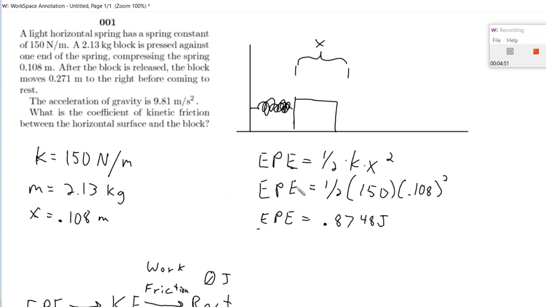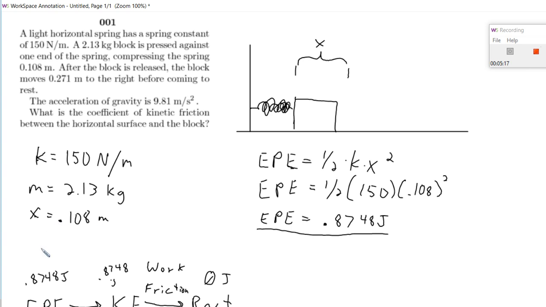Your answers will vary just as your numbers and givens in your questions vary. Here's the deal, though. That means that at this point, I have 0.8748 joules of EPE. And then we release the block, and off it goes, and it springs forth with, not coincidentally, 0.8748 joules of kinetic energy.